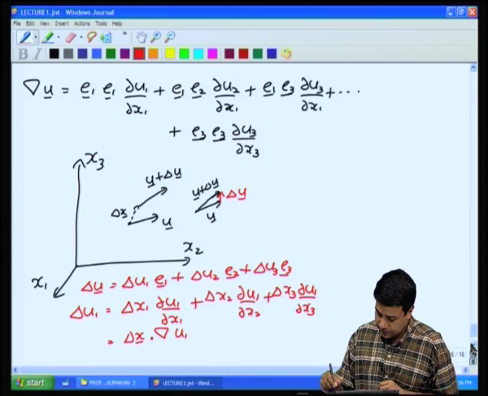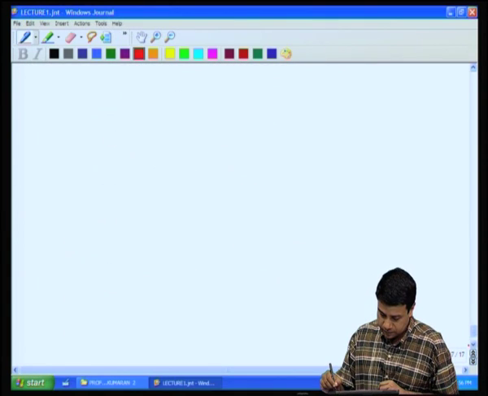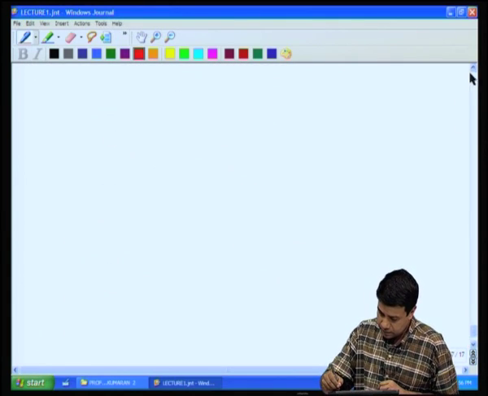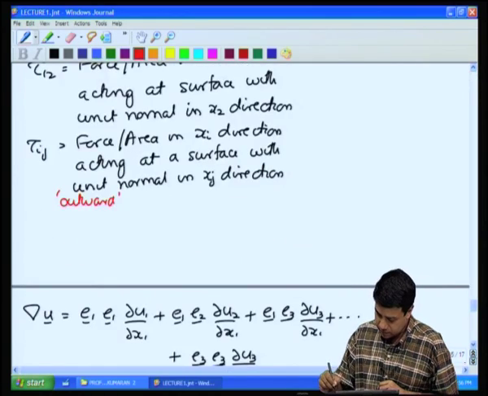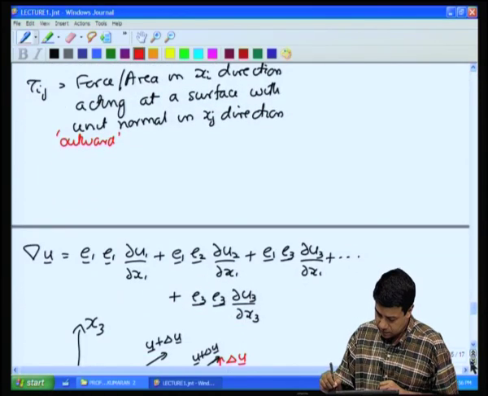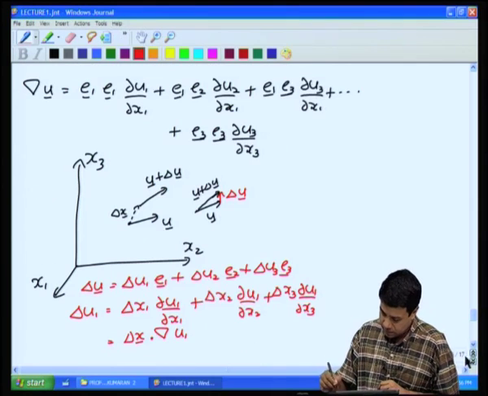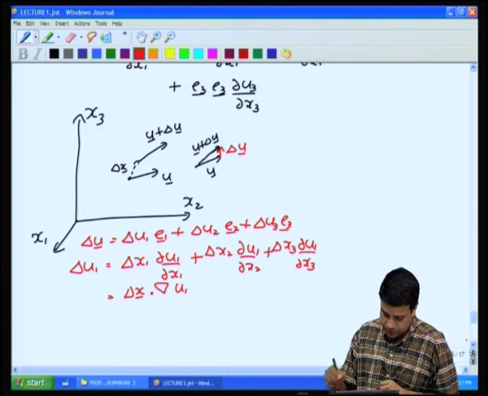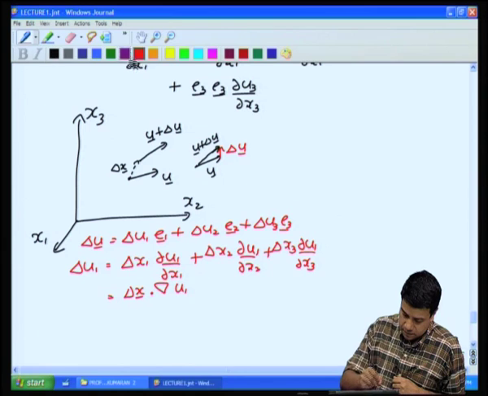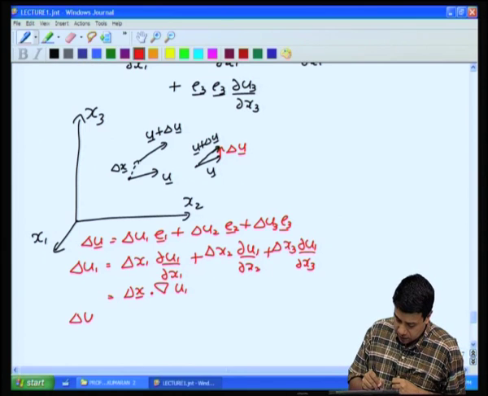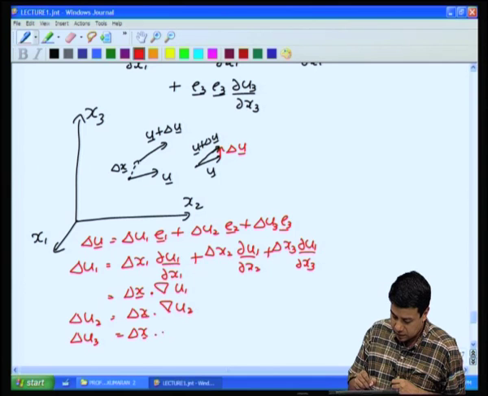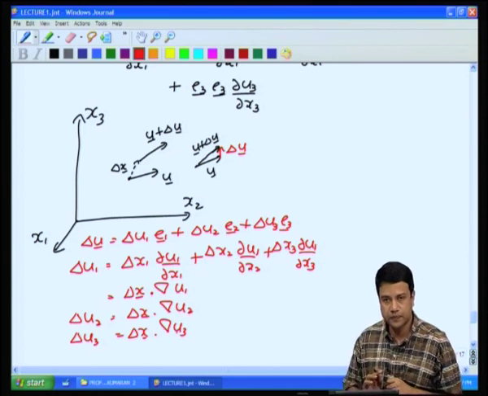Similarly, delta u2 is equal to delta x vector dotted with grad of u2, delta u3 is equal to delta x vector dotted with grad of u3.